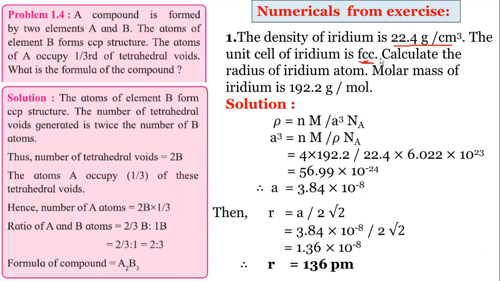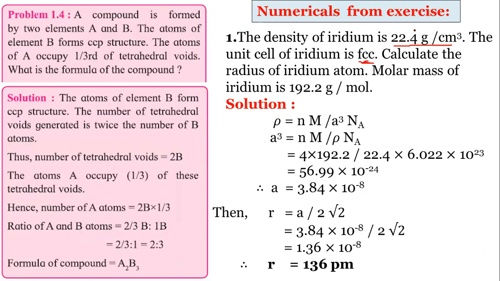What is asked? Calculate the radius of iridium atom. Molar mass is given. So what we have to do? See, this formula you already have: rho is equal to n M divided by a cube N A. We have to write the given values.